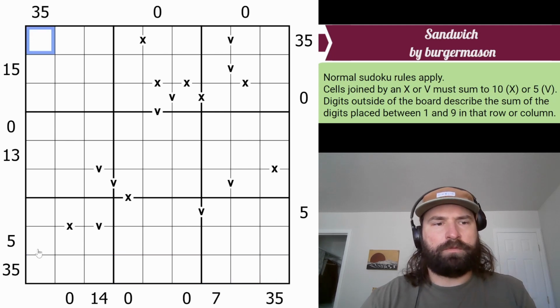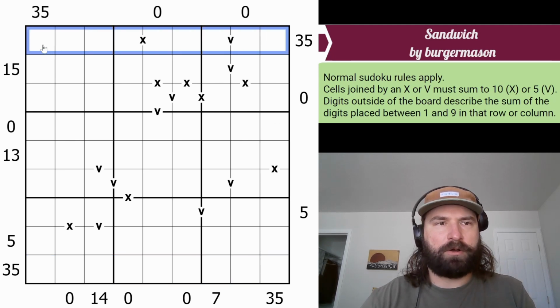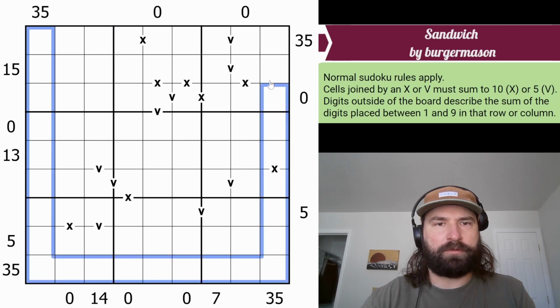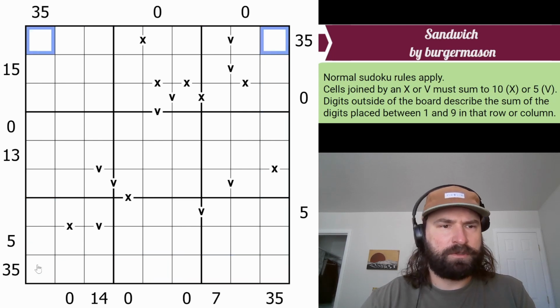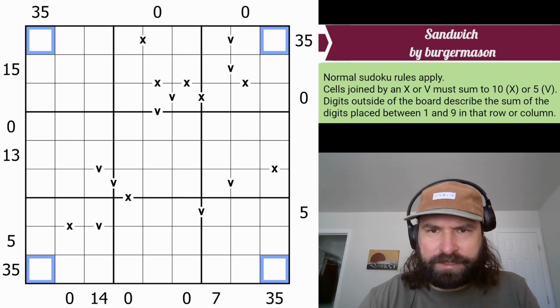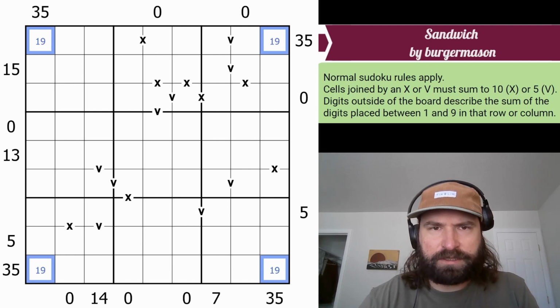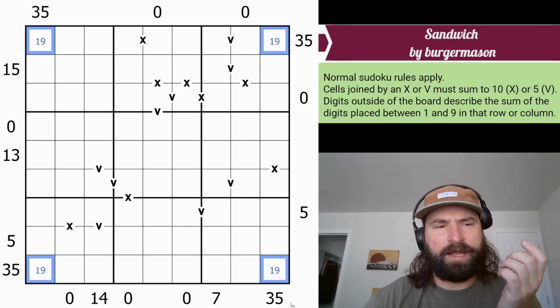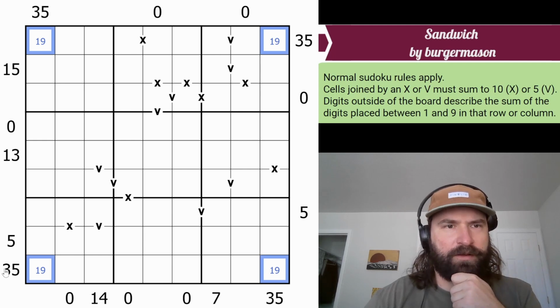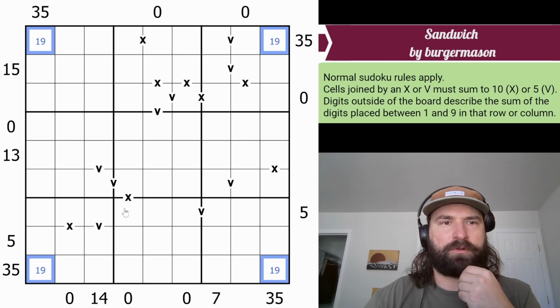So all of the corners have to be 1 and 9 because the top row, the left side, the bottom row, and the right side all have 35 clues. So I'm very confused about if there's a directional difference, why the numbers are sometimes on the top and sometimes on the bottom. That's really throwing me for a loop.